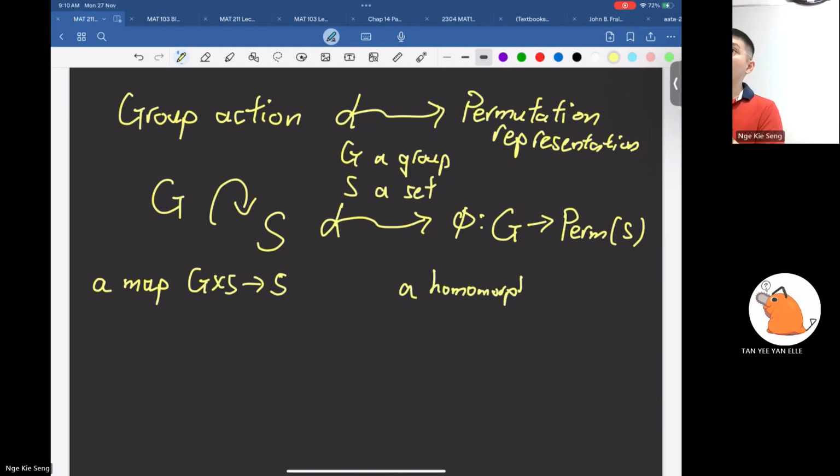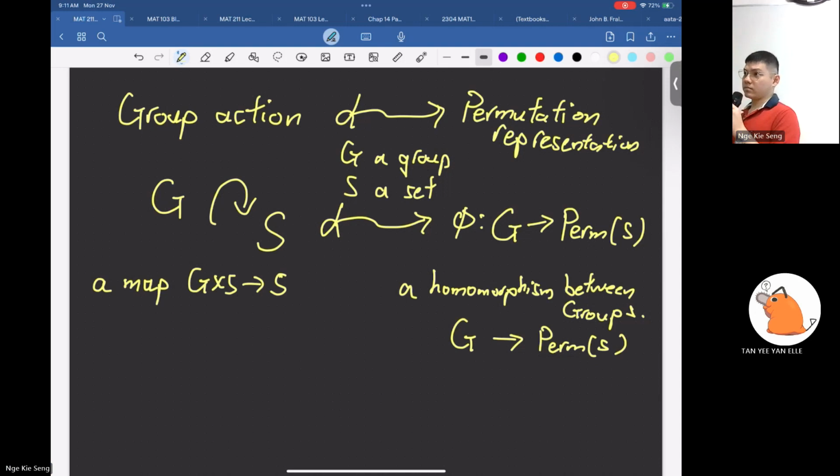Homomorphism means the codomain and the domain have some structure. We have a homomorphism between groups. What are these two groups here? G is a group, and the permutation of S is a group.